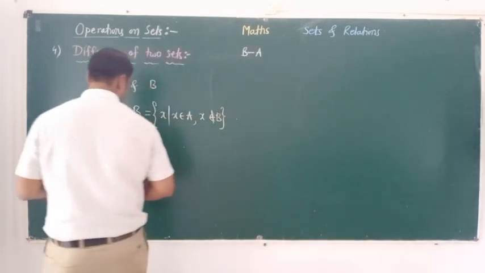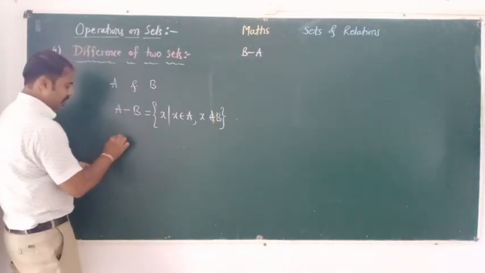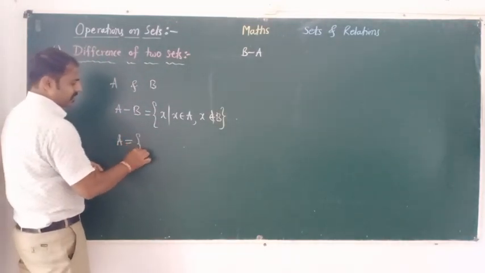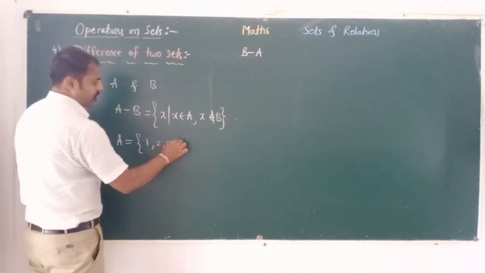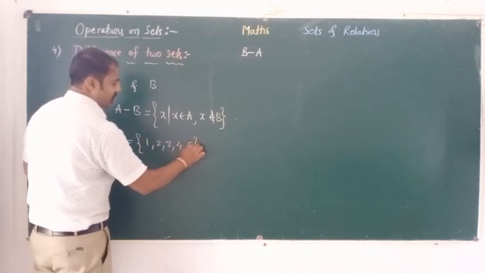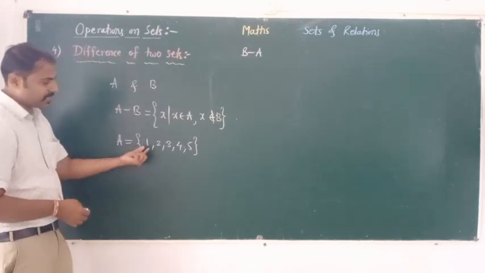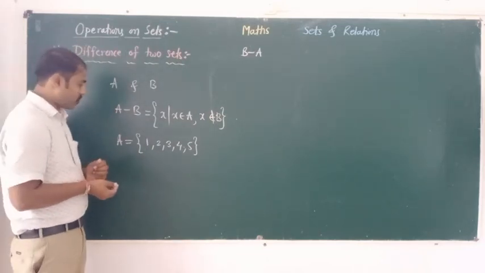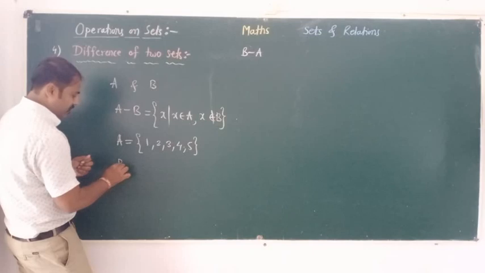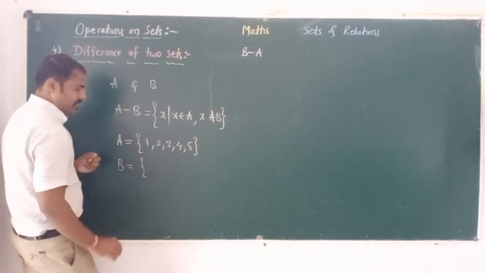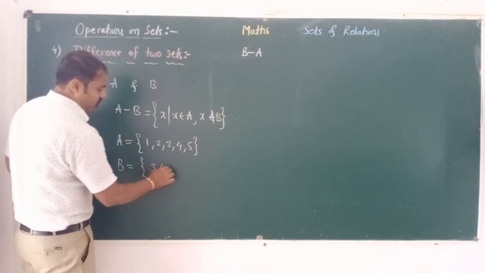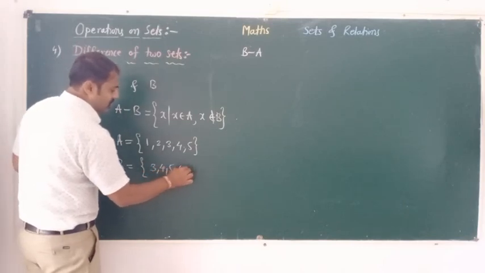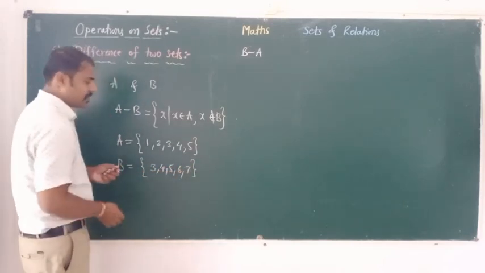For example, I am writing here a set A equal to {1, 2, 3, 4, 5}. Take another set B, such that B is equal to {3, 4, 5, 6, 7}.